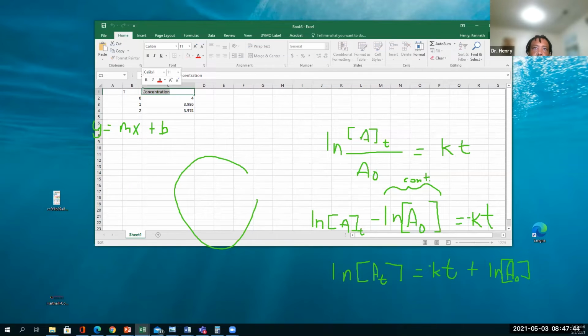So we're just going to call this bracket A. Okay, so if we take the natural log of this guy, then we'll have our y values, right?